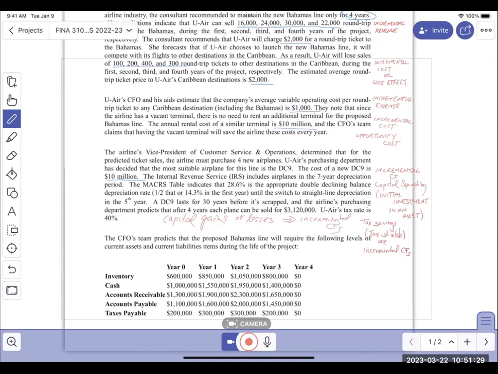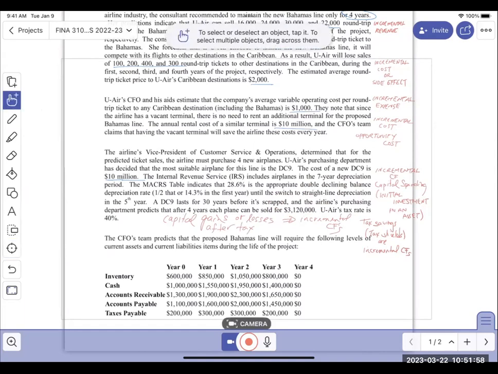So you have to figure those out. It means that you have to determine the book value, what's left of the plane after depreciation, and whether you're selling it for a gain or a loss. And remember, you have to pay taxes on that, right? So you have to consider the after-tax value of that.